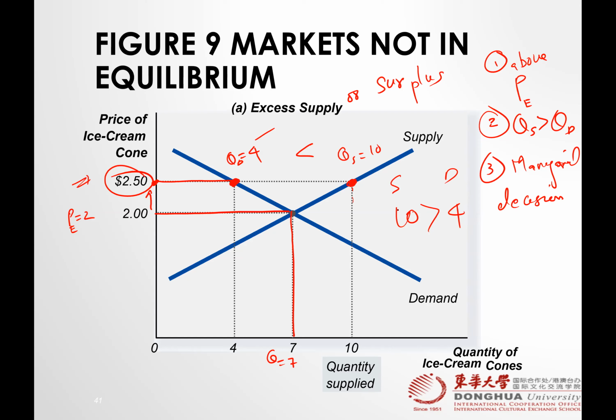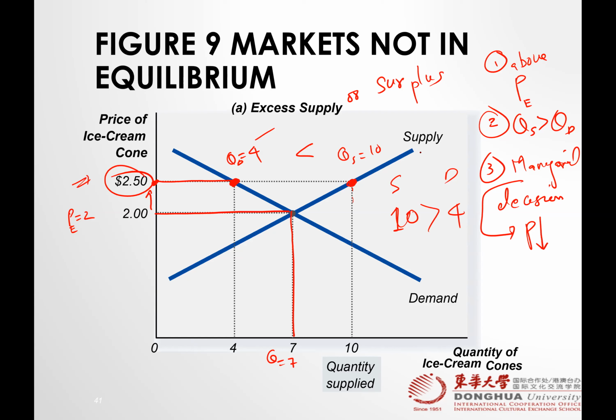So who is at disadvantage here? The supplier says they are going to sell you 10 quantities at 2.5. The buyer says, no, we want to buy 4 quantities at 2.5 each, right? In that case, the seller will decrease the price. How can they decrease? There are a couple of methods. Either they just decrease the price, or they can offer rebates, discounts, or other discounting strategies like buy one, get one free, this kind of stuff, right?